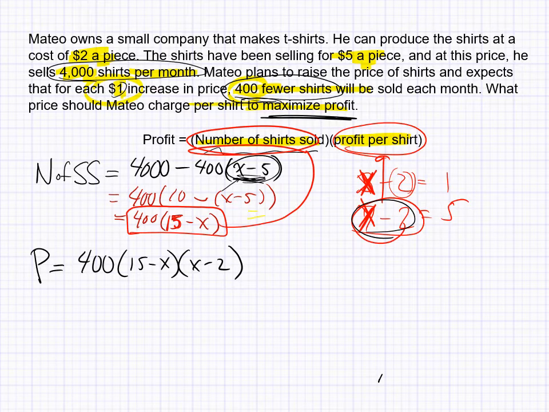I could have used different variables to start and then plugged some of these pieces in to reduce the variables. But the way we worked through this problem, just using some common sense, we kind of avoided that secondary equation.